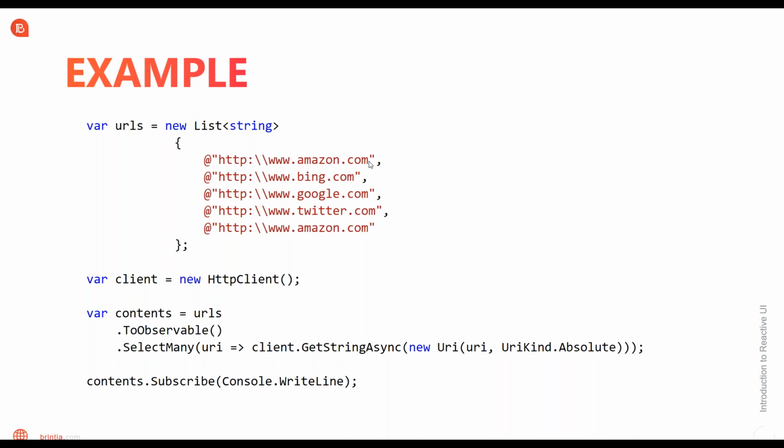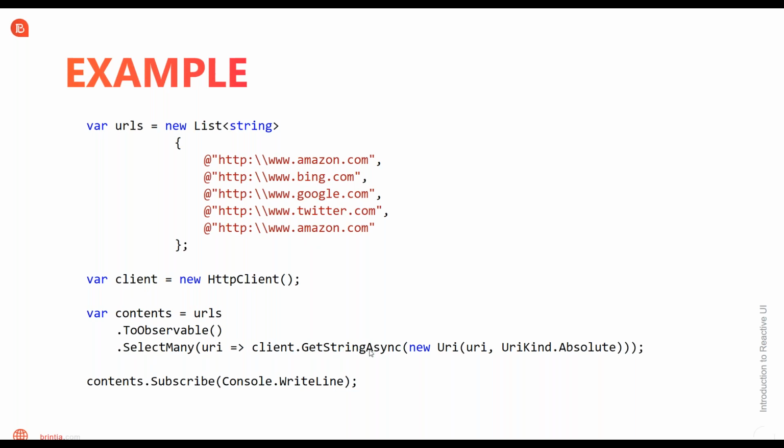The first element that will be pushed is this Amazon. You notice this is duplicated, but well, no problem. It's just an example, and it will be pushed in order through the pipe, through the observable.